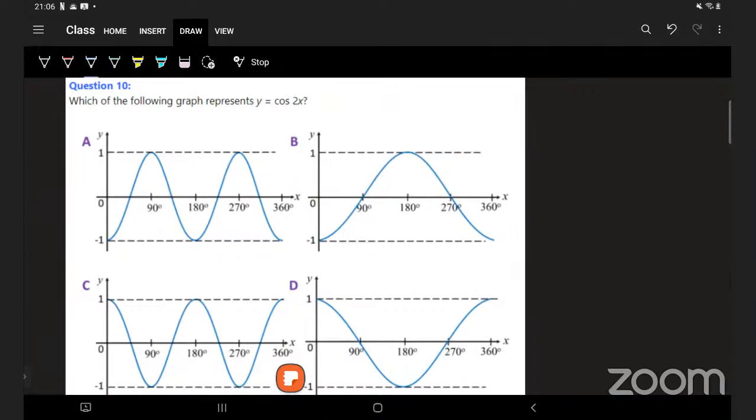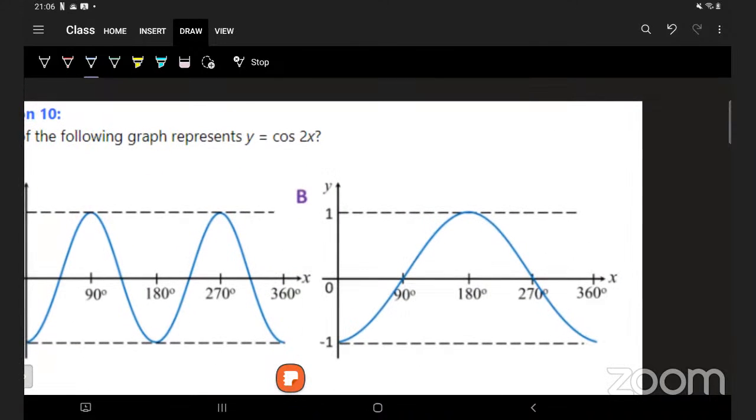All right, now a more interesting question, which asks, which of the following graphs represents cosine 2x? As we know from most graphs, 2x actually means that the cycle repeats twice. So instead of just one cycle, you actually have 2 cycles in one 360-degree domain.